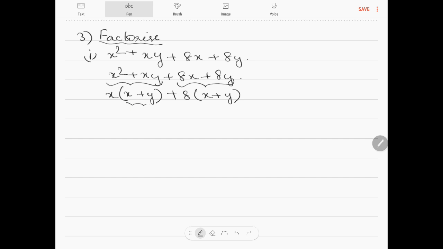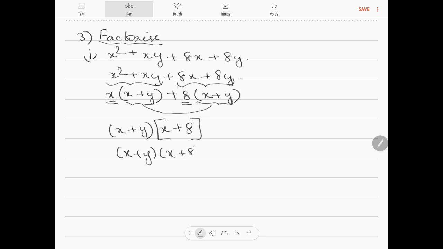Now this x plus y and this x plus y are common, so taking these outside, inside we will have x alone here plus 8 left over, so this can be written as x plus y into x plus 8.